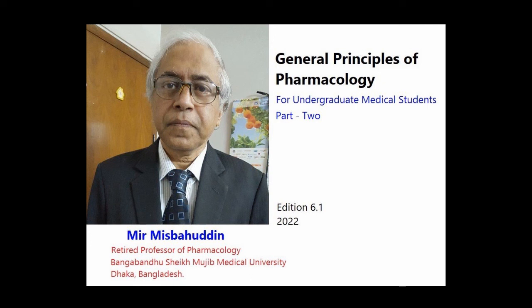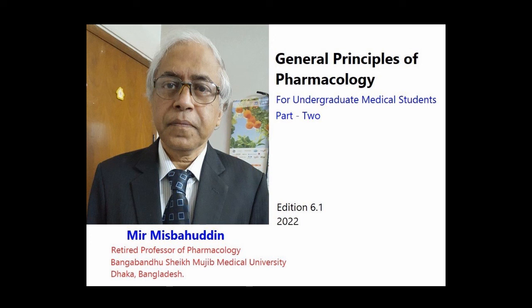Receptor agonist and antagonist. Nowadays it is found that a lot of drugs produce their pharmacological effects by acting on their specific receptors. The definition of receptor has been described later. Based on this concept, drugs may be classified as receptor agonists and antagonists. For example, dopamine receptor agonists are levodopa, bromocriptine, and apomorphine.